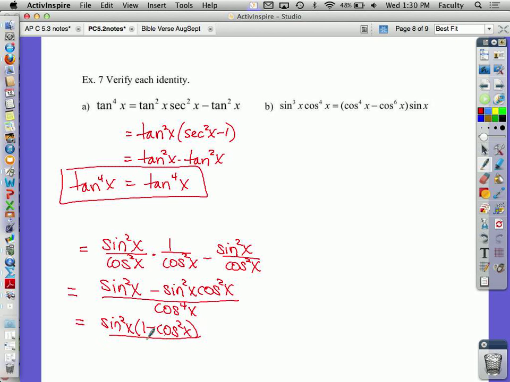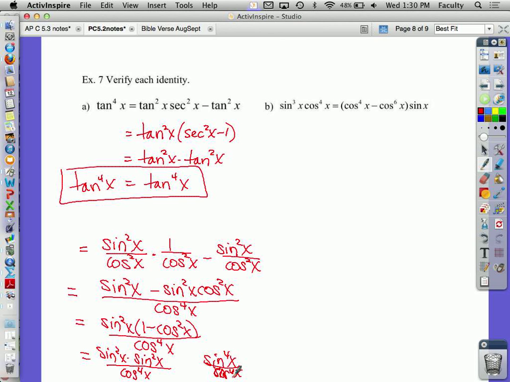Ah, there we go. Now that's sine squared, right? So at this point, you can just work the other side instead. All right, so that's sine to the 4th x over cosine to the 4th x, which is tangent to the 4th x. A lot more work. Exactly. I was like halfway through and you guys are already done.